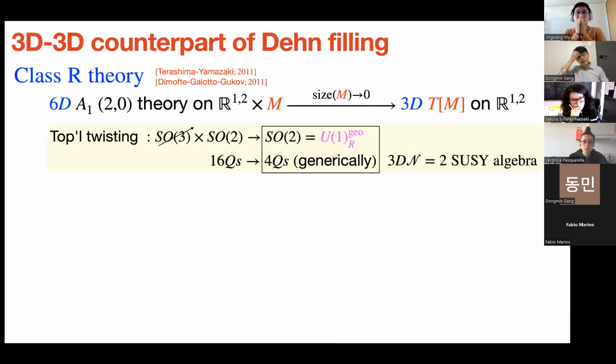Then let me explain what is the 3D counterpart of this Dehn filling. So class R theory is schematically defined in this way.